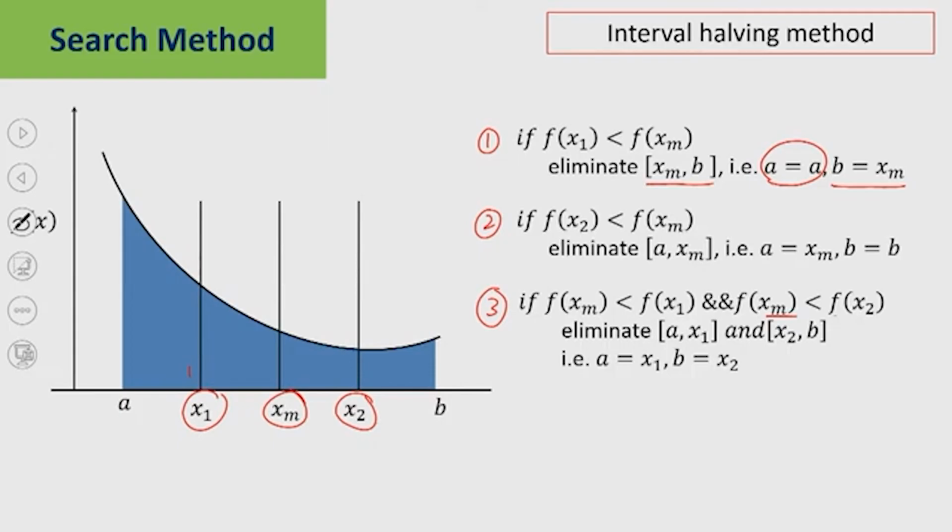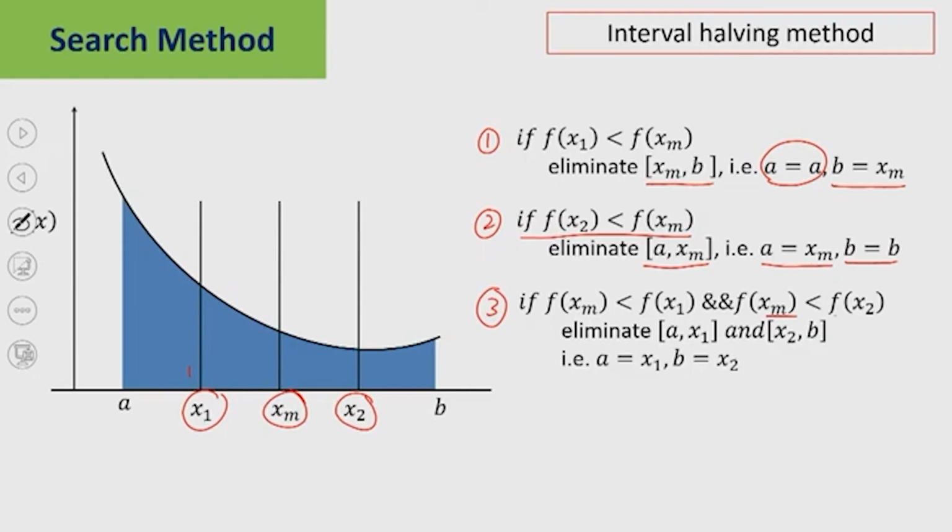Now, in case of condition 2, if f of x 2 is less than f of x m, then you will eliminate a x m. That means, from a to x m you will eliminate. So, in that case a will be equal to x m and b will be unchanged.